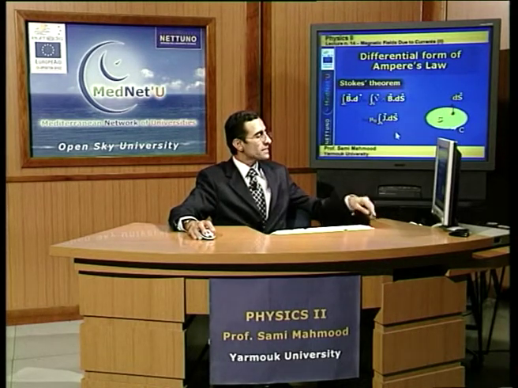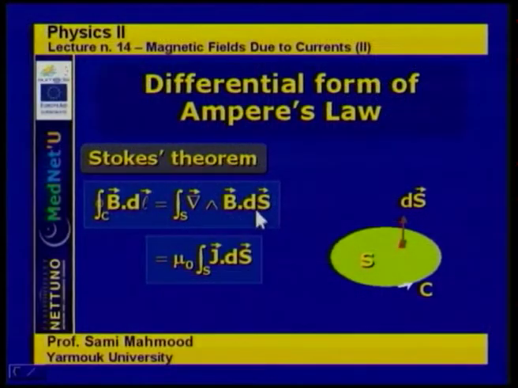So comparing these two, the first is curl B dot ds integrated over S. The second is mu naught J dot ds integrated over S. So this gives us the result that the integral of curl B minus mu naught J dot ds is equal to 0.